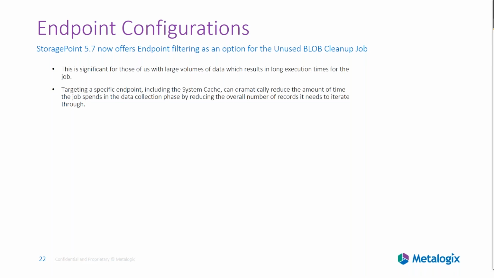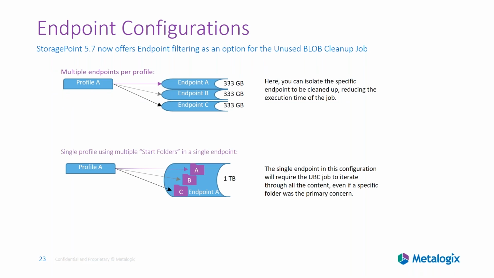This is where configuration may now become a concept requiring some additional consideration, right? Because if you look at two of our more popular configurations, multiple endpoints per profile and a single profile using multiple start folders in a single endpoint, we can see how the configuration would affect a job with an endpoint filter.